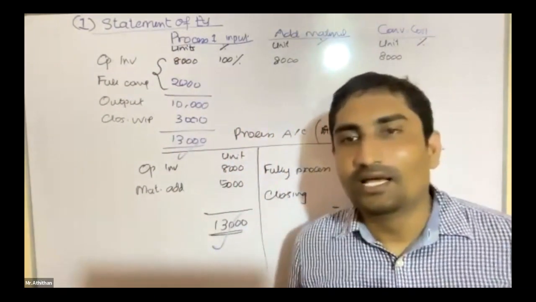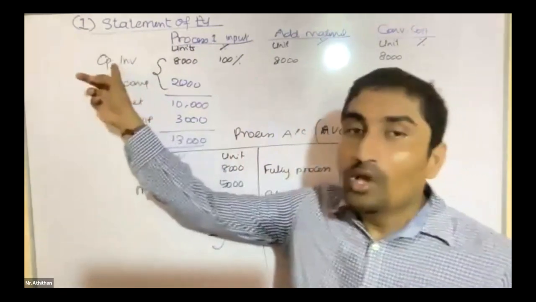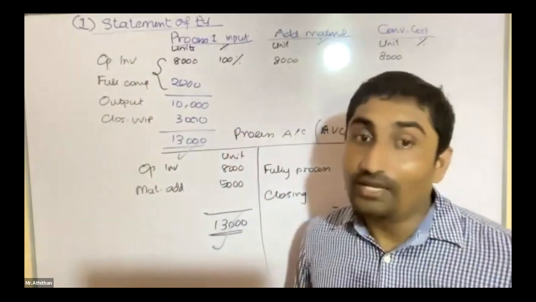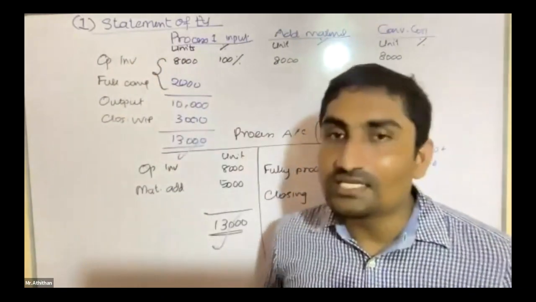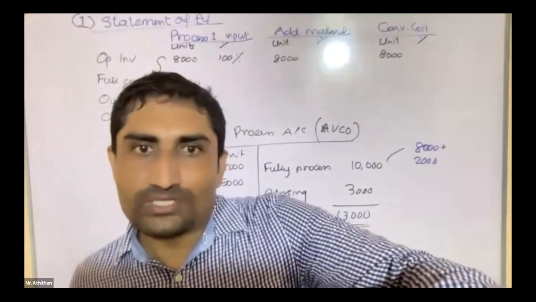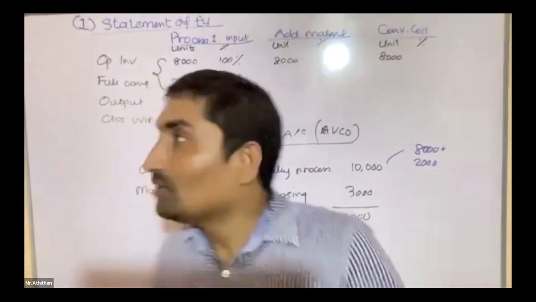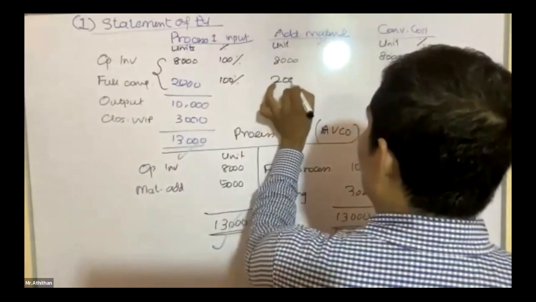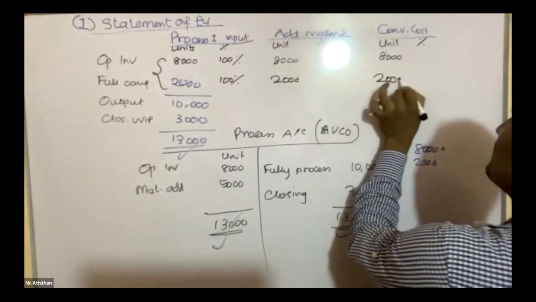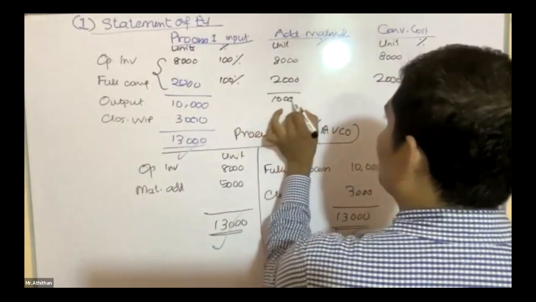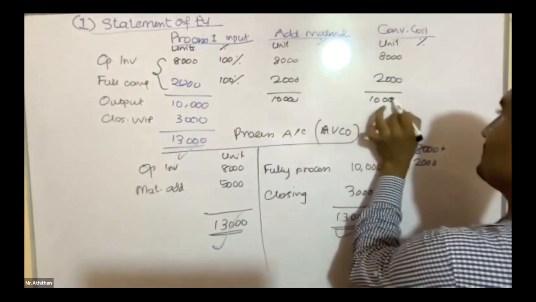Everything is treated indifferently. வித்தியாசம் இல்லாம opening inventory-யும் இந்த வருஷம் உற்பத்தி செய்யறதை நாங்க ஃபுல்லா ட்ரீட் பண்ண போறோம், right? So in that case we are taking this 2,000. This 2,000 is 100% complete. So 2,000. Then it is 10,000. Right.